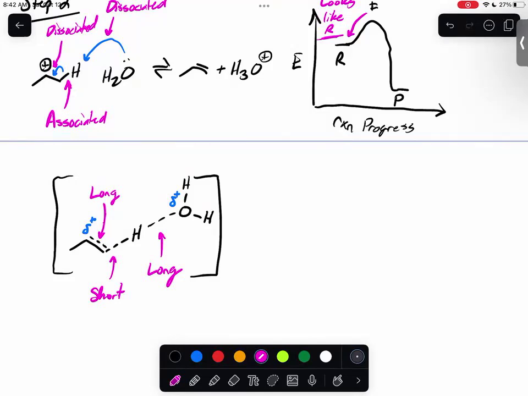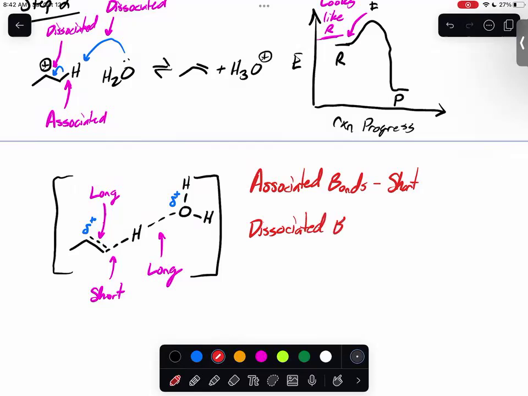An easy way to remember these is associated bonds are always going to look short when you're talking about what the transition state looks like, versus dissociated bonds, which are the ones that are long. Remember, the idea is going to be opposite if we were looking at the reverse reaction direction.